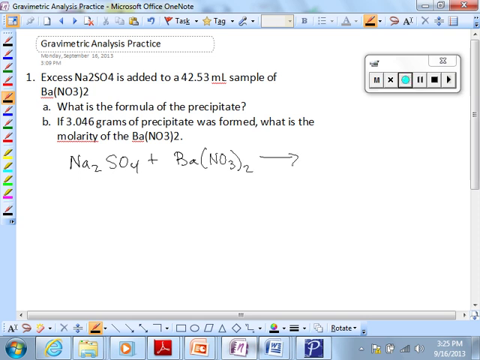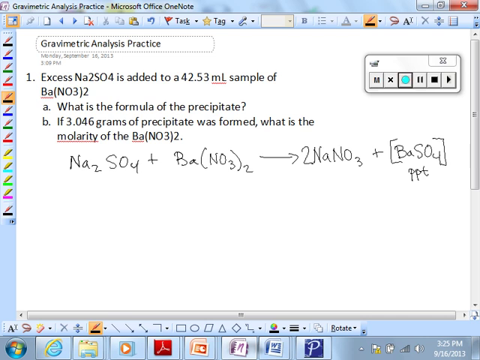You can see it's a double replacement reaction, which is going to produce sodium nitrate and barium sulfate. Now, sodium is a group 1 element, and nitrates are always soluble as well, so that is not the precipitate. This barium sulfate would be the precipitate. We need to balance with the 2 in front of the sodium nitrate.